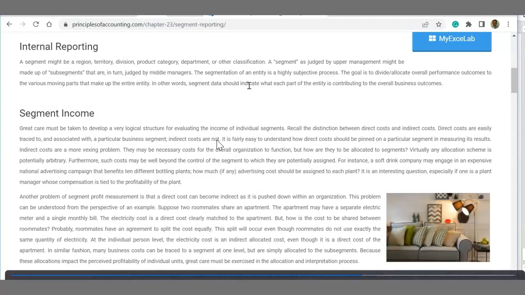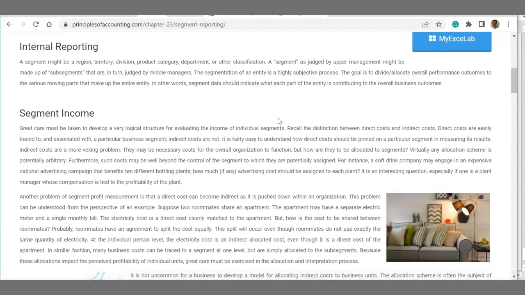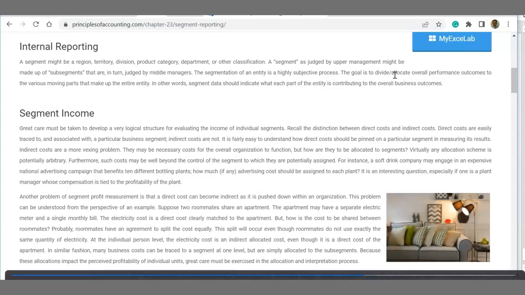The segmentation of an entity is a highly subjective process, obviously. And the goal is to divide, or so-called allocate, overall performance outcome to the various moving parts that make up the entire entity. In other words, segment data should indicate that each part of the entity is contributing to the overall business outcome.